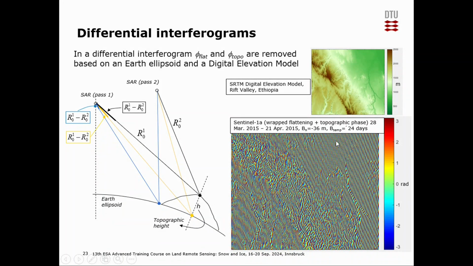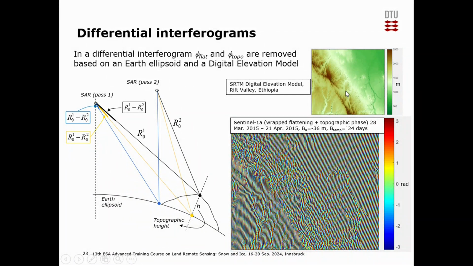So if we have a flat area, and we look at this interferogram of this flat area and how the phase changes across this flat area, we see these dense fringes, so these dense changes in phase difference. They are due to the so-called flat Earth contribution. So this change between the blue thick line and the yellow thick line. They are these stripes we see here.